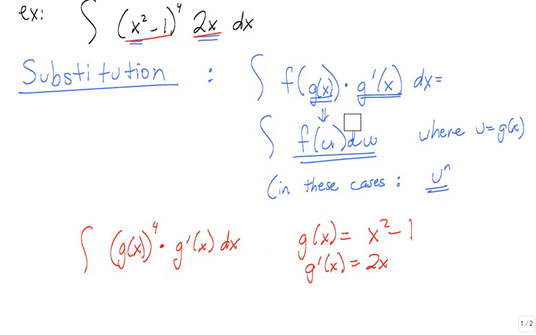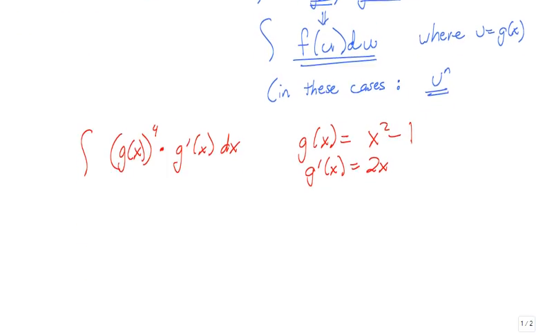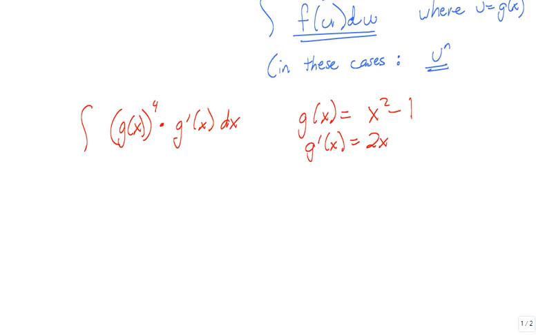Well, just 2x. That's the derivative. So that's what this changes into, which is really, we could write it as u to the 4th du. When we integrate it, we get u to the 5th over 5 plus c, so we integrate it.